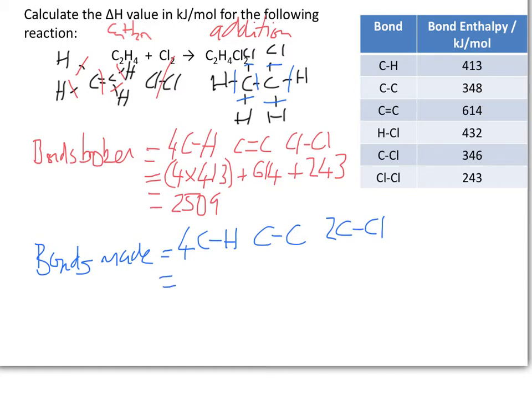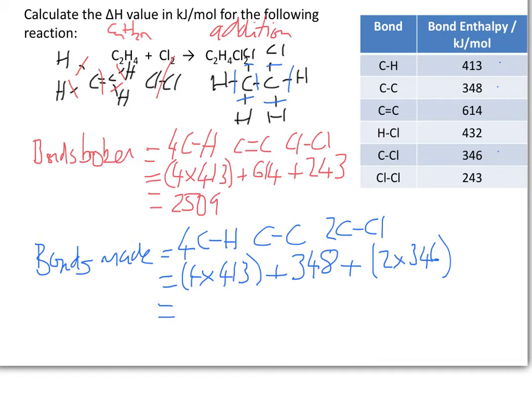Very easily done. So plug your numbers in again. We got 4 times 413, we got 1 CC, so 348, and then we got 2 CCl, 2 times 346. And if we just work that out, that comes to 2692.